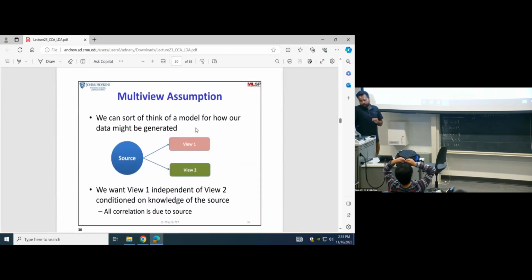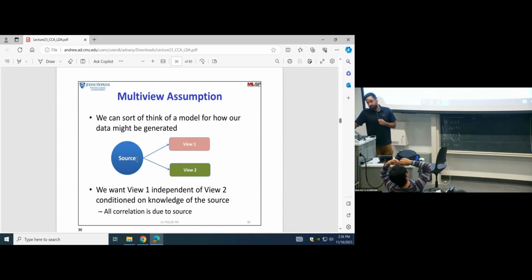So a lot of times you have two data streams or two data sets, but they come from the same source. To give an example, maybe two audio transcriptions from the same movie or two stocks from the same stock market. View one tries to capture the source and view two tries to capture the source, and you want to see how view one and view two correlate together.